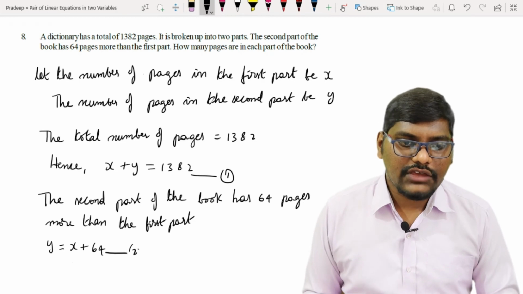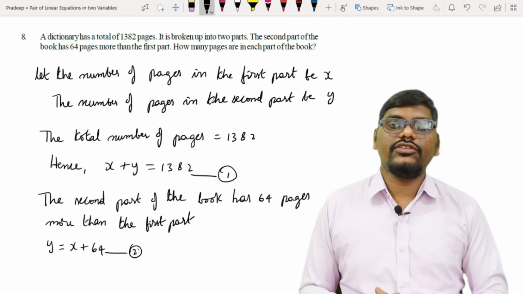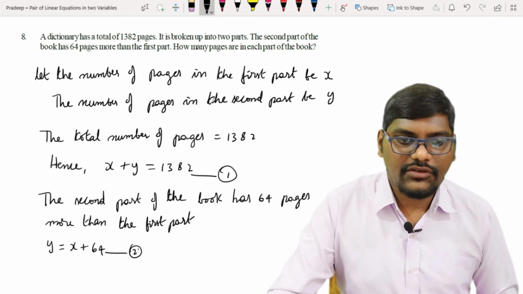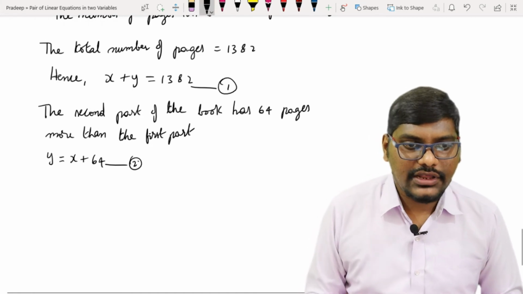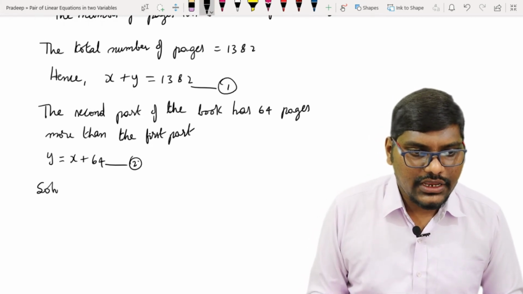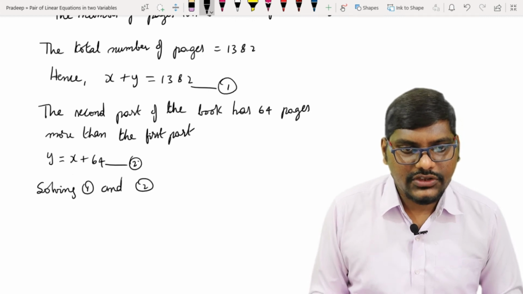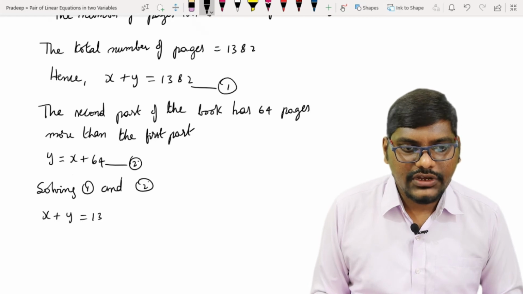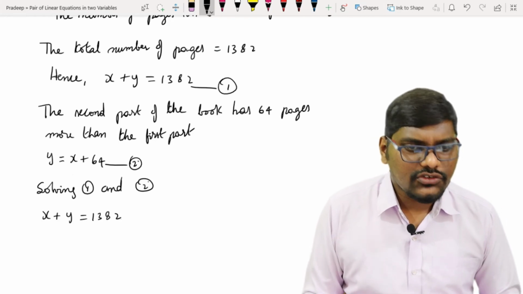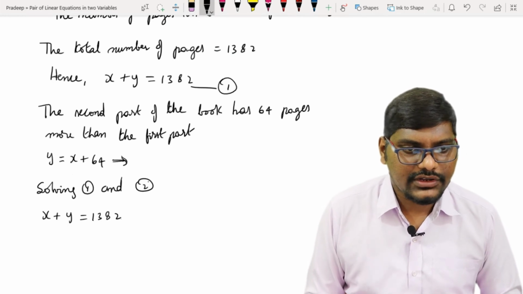So now we got equation 1 and equation 2, both of the equations. If we solve equations 1 and 2, we will be getting the x and y values, that is the first part and the second part values. So I can write, solving 1 and 2. So what do we get here? x plus y equal to 1382. Okay, so this second one I can first simplify.